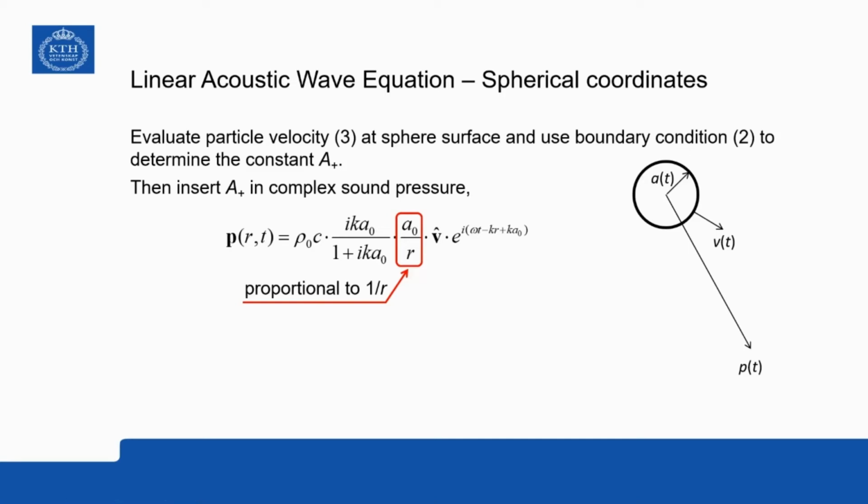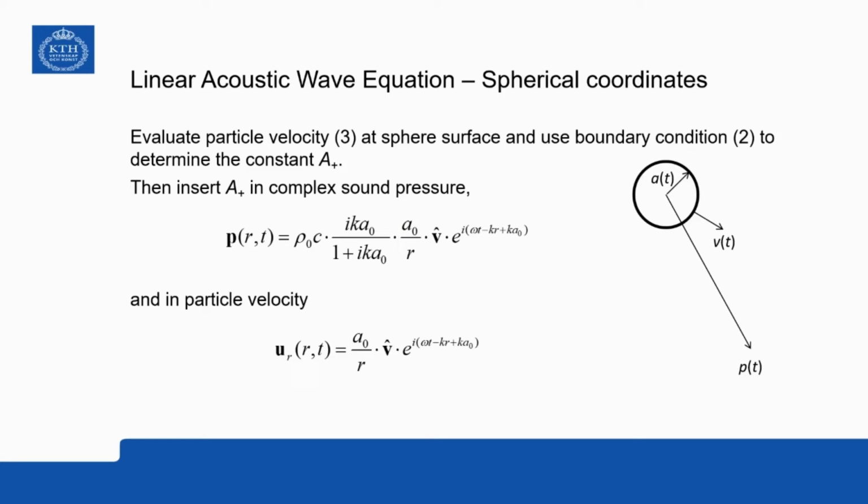So that means actually a 6 dB sound pressure level reduction if we double the distance. Okay, and the same goes for the particle velocity. So if we insert this A plus coefficient, then we find this expression for the particle velocity as a function of distance r from the source center.